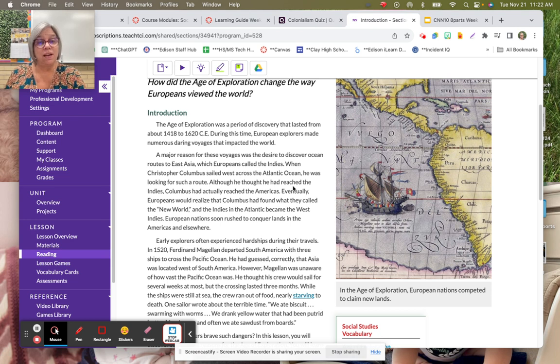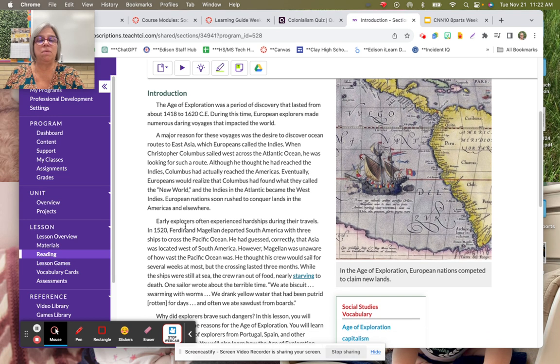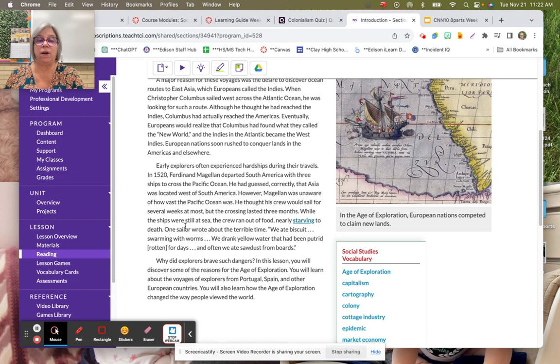Although he thought he had reached the Indies, Columbus had actually reached the Americas. Eventually, Europeans would realize that Columbus had found what they called the New World, and the Indies in the Atlantic became the West Indies. European nations soon rushed to conquer lands in the Americas and everywhere.